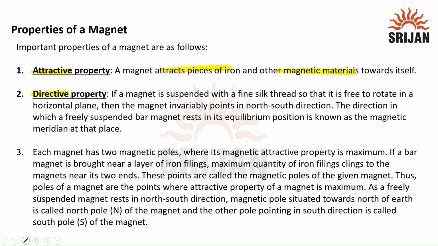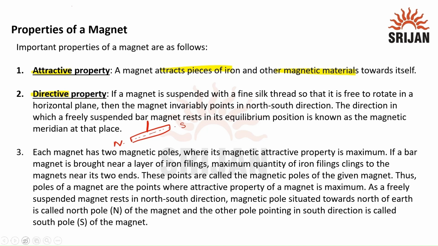This property says that if a magnet is suspended by a fine silk thread like this, I'm taking a bar magnet, the magnet will automatically align itself in the north-south direction. Suppose this is south direction and this is north direction.